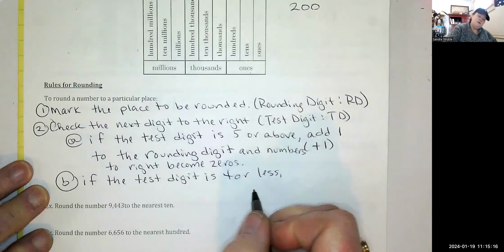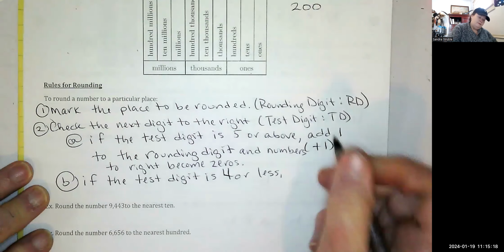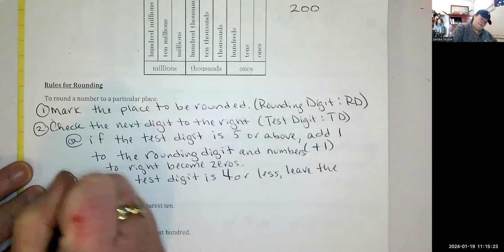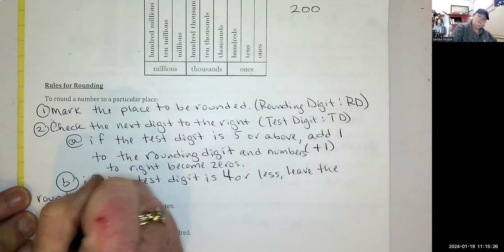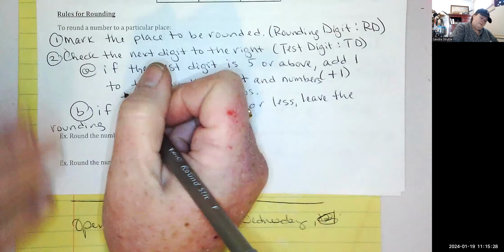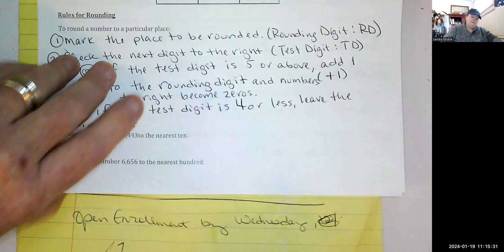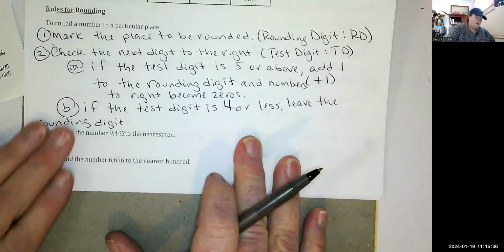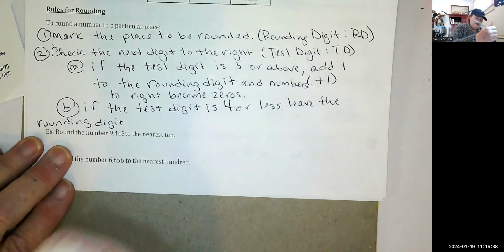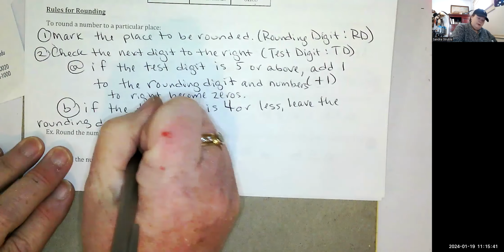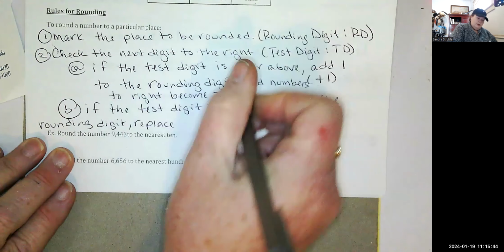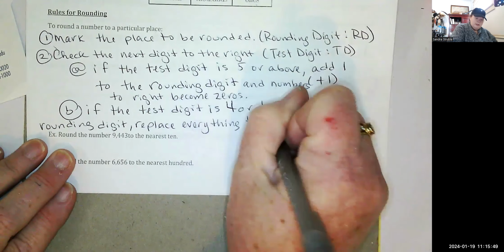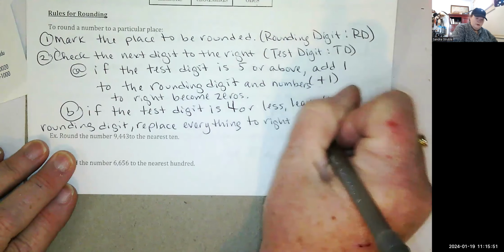If the test digit is 4 or less, you're going to leave the rounding digit, and replace everything else to the right with zeros.